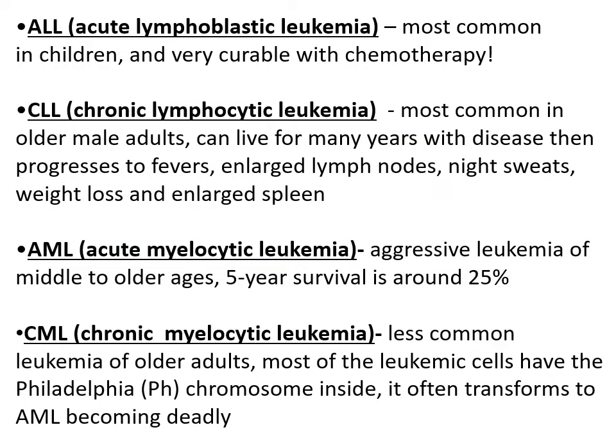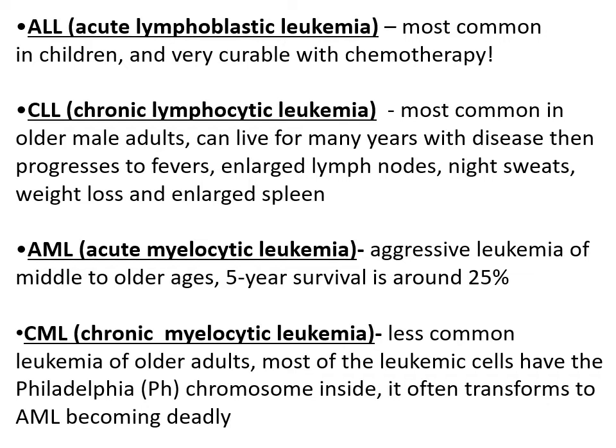Okay, so we just spoke about this on the previous slide. ALL, most common in children, still a rare cancer, but fortunately very curable. CLL, so the lymphocytes, chronic lymphocytic leukemia, common in older patients, and as I mentioned, they can live for years with this cancer.